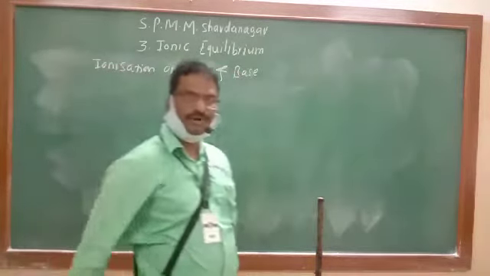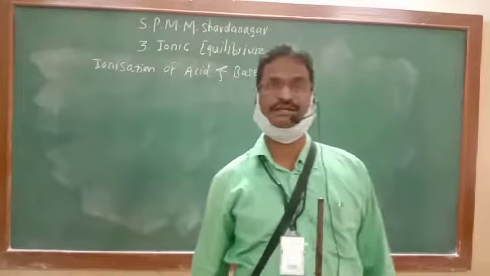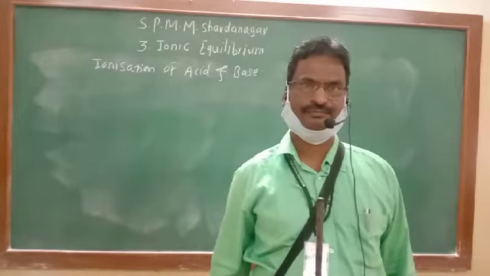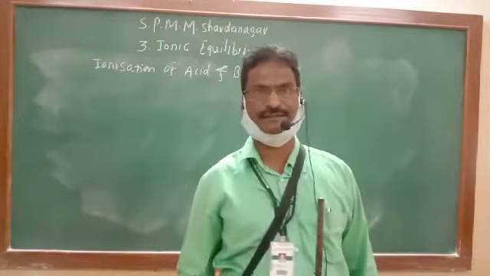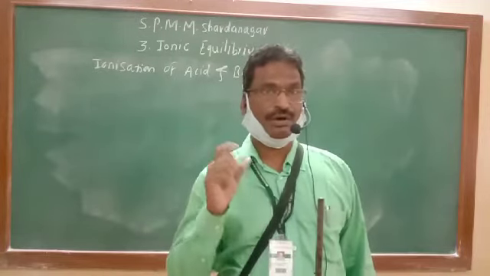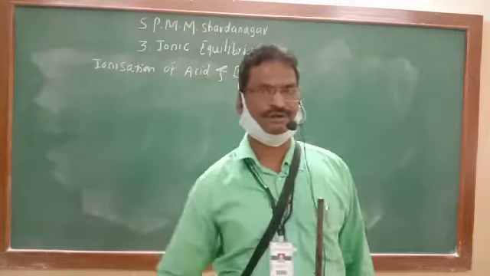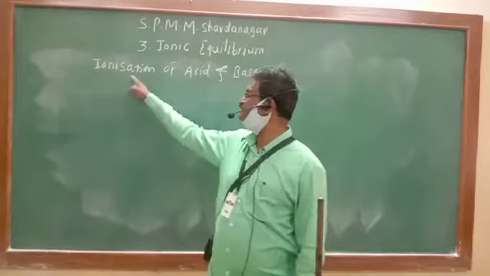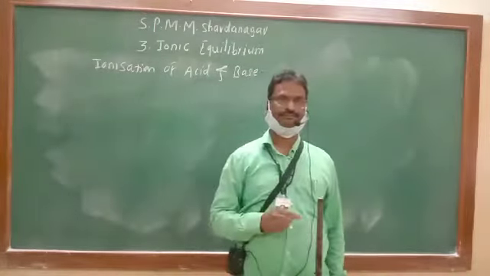This is important point in order to explain the salts, how the formation of salt take place. This point is very much important in order to identify the type of salt. See, ionization of acid and base.